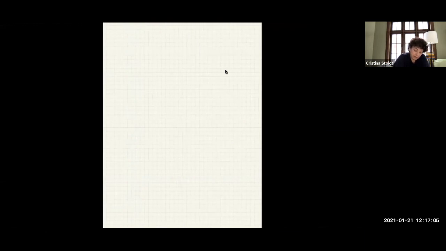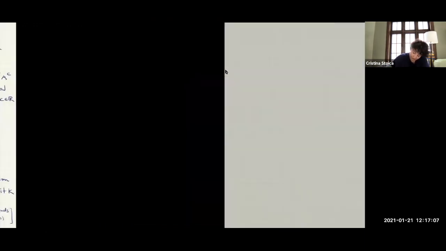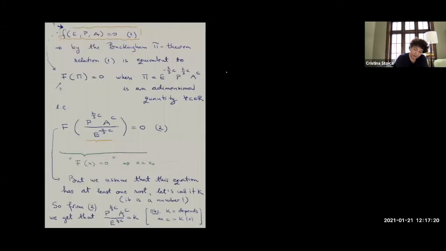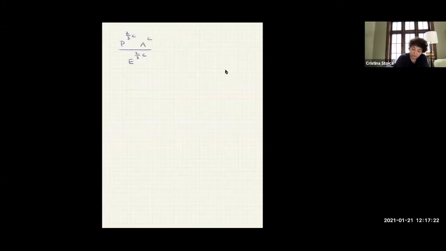We can write that P at 2/3 C, A at C over E at 2/3 C is a constant. It depends on C, but the point is that it is a constant for any C in R.